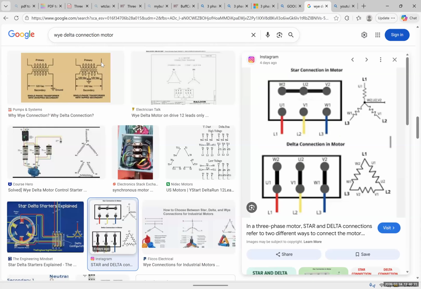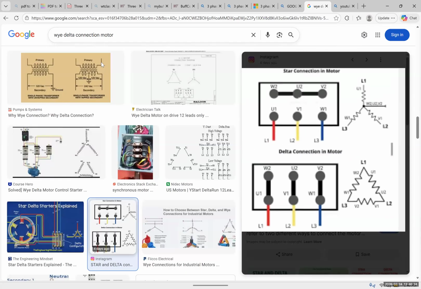So I just wanted to show you the difference between the Y and delta connection. In a motor, if you see that the motor has 6 terminals, you have 6 connections, that means that motor is capable of running on both Y and delta connections.